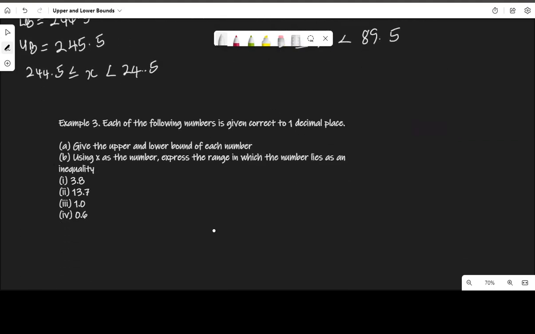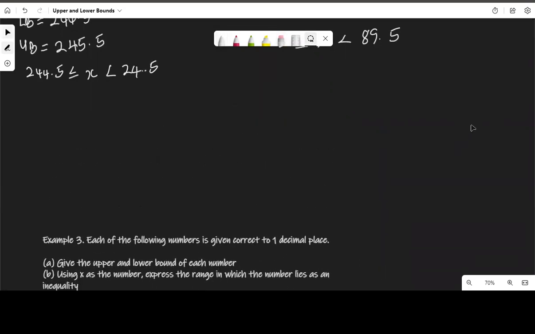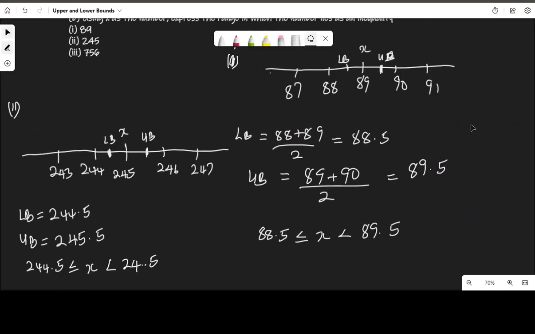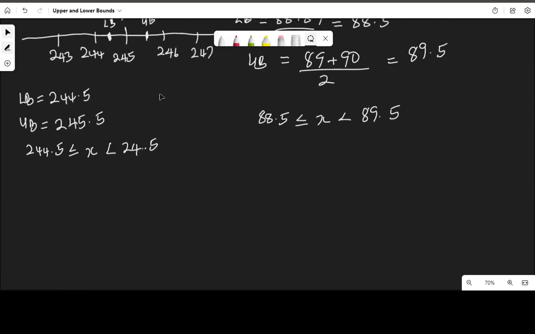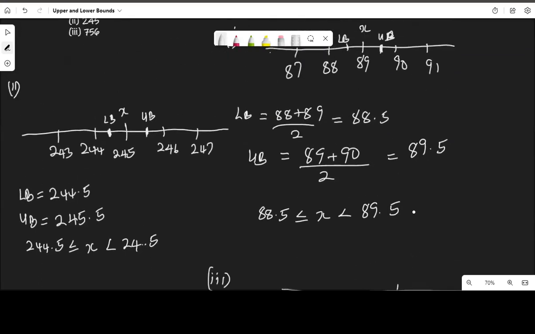Let's create some space. Okay, for the last one then, we have 756. Again, if you represent that on a number line, 756, remember the accuracy here is whole number.